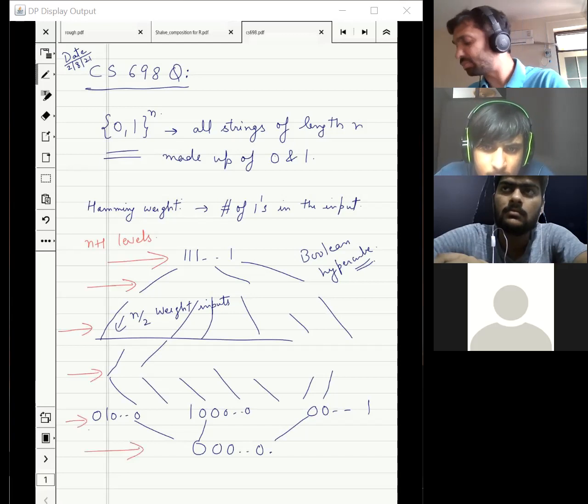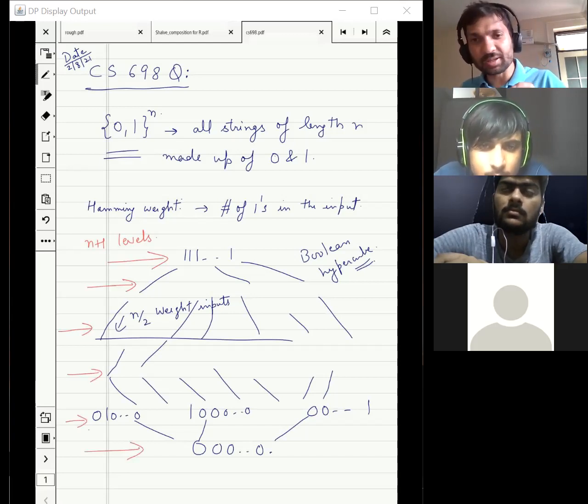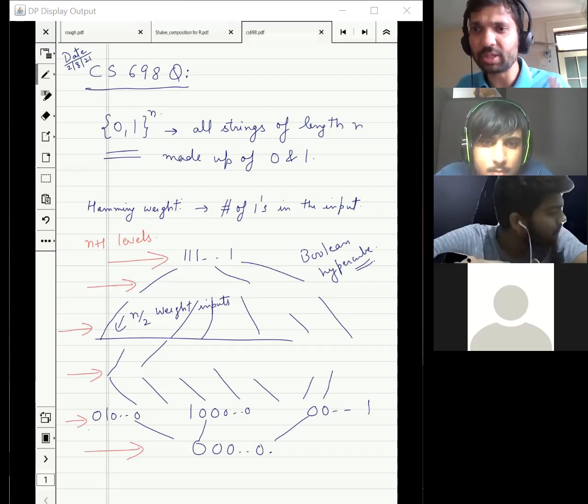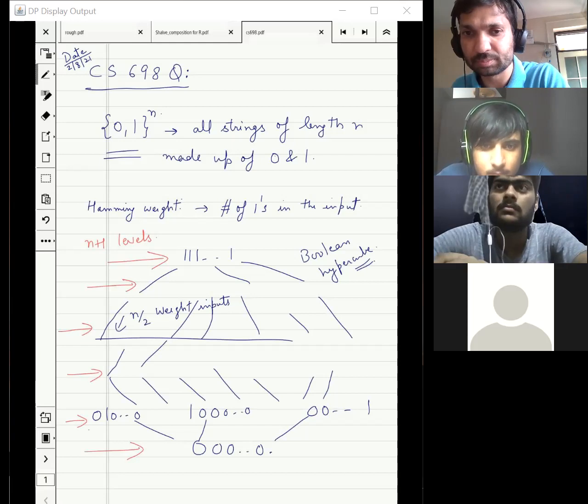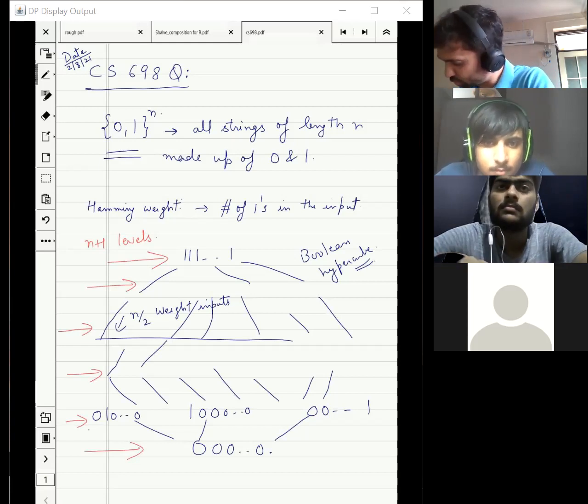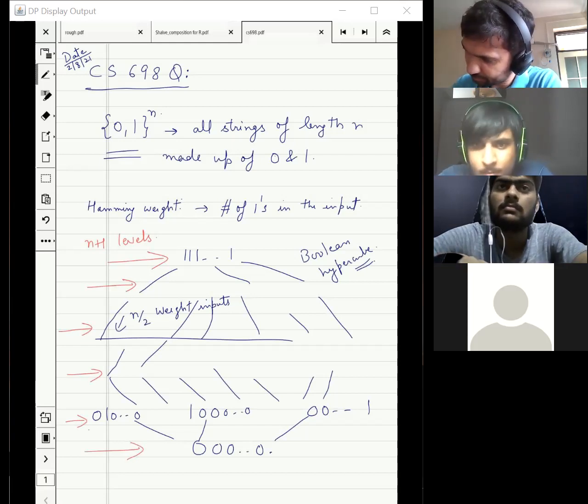Okay, and later you will see that we will connect two inputs if they just differ at exactly 1 place.